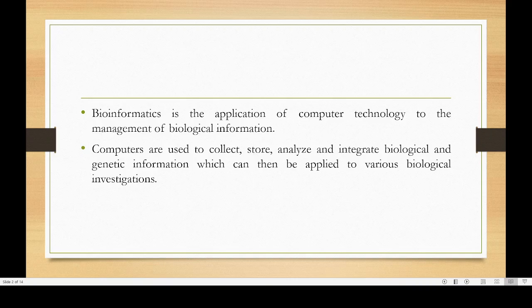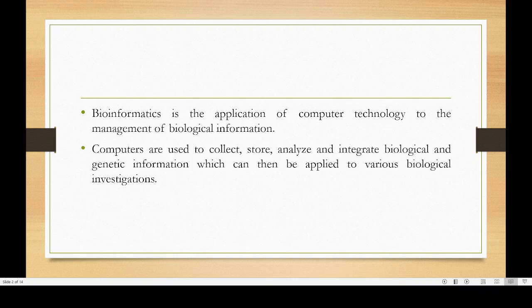For example, in my area, spiders, there is the World Spider Catalog. If you go to that catalog, you will get information about more than 45,000 species of spiders recorded from different parts of the world. There are a lot of catalogs like that, and we need some kind of device to store this information. So one purpose is collecting and storing information.